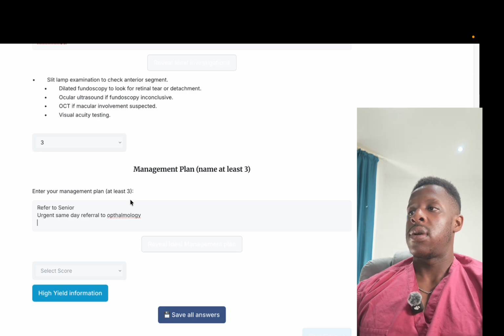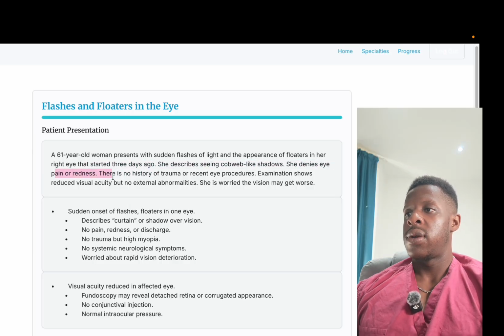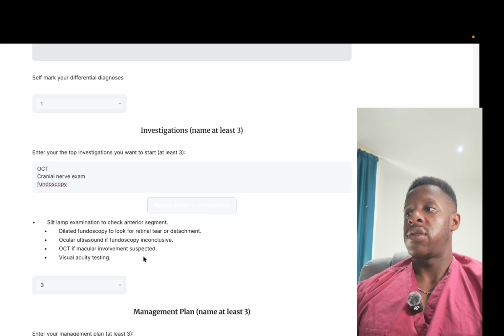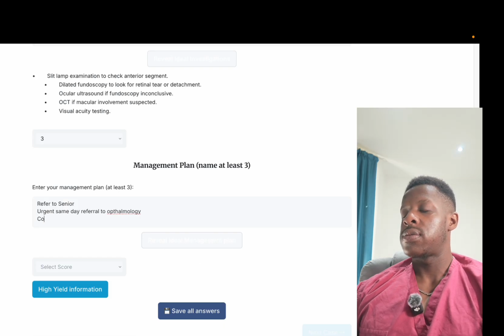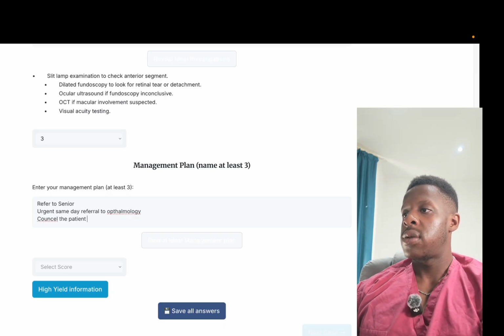What else could I give them? Maybe manage them conservatively in the meantime. Counsel the patient on what's going on because she's quite worried. Make sure that we're being very holistic in how we treat her.